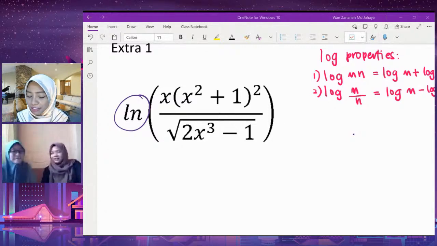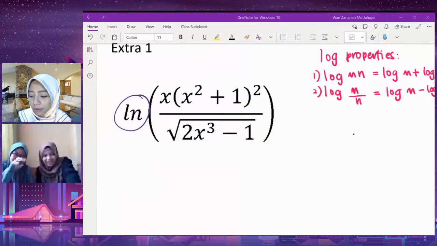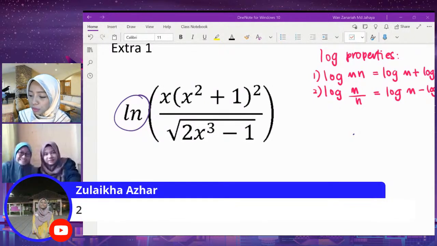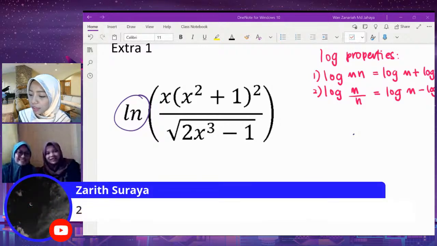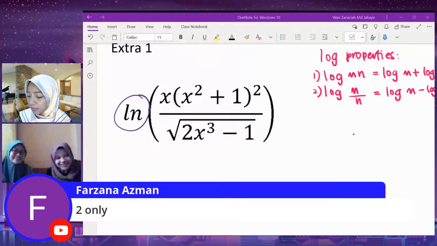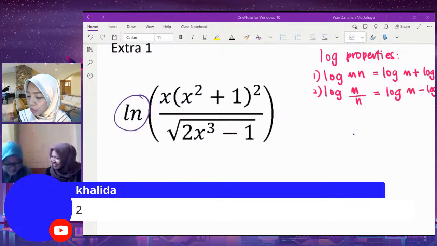Apa dia? Nina dengan Shu? Nombor 2. Dua lagi. Lagi 2. 2 only. Ada yang jawab both? Ada yang jawab number 1? Okay, semua pun cakap 2.